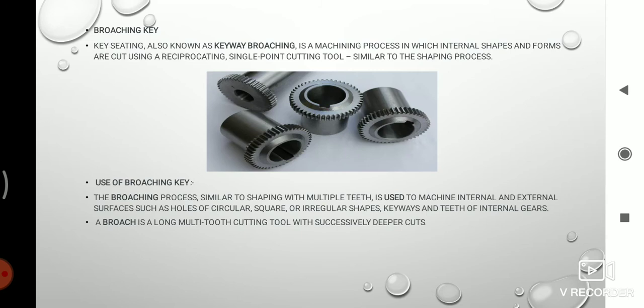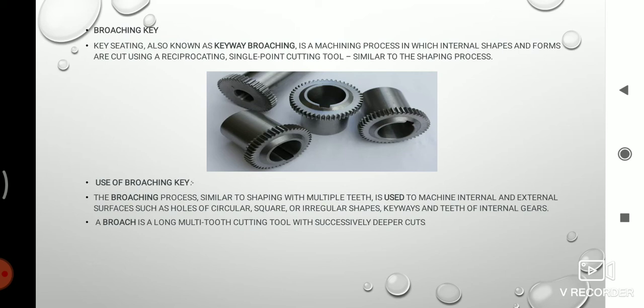Broaching keys. Keyway cutting, also known as keyway broaching, is a machining process in which internal shafts and frames are cut using a reciprocating single point cutting tool similar to the shaping process used.